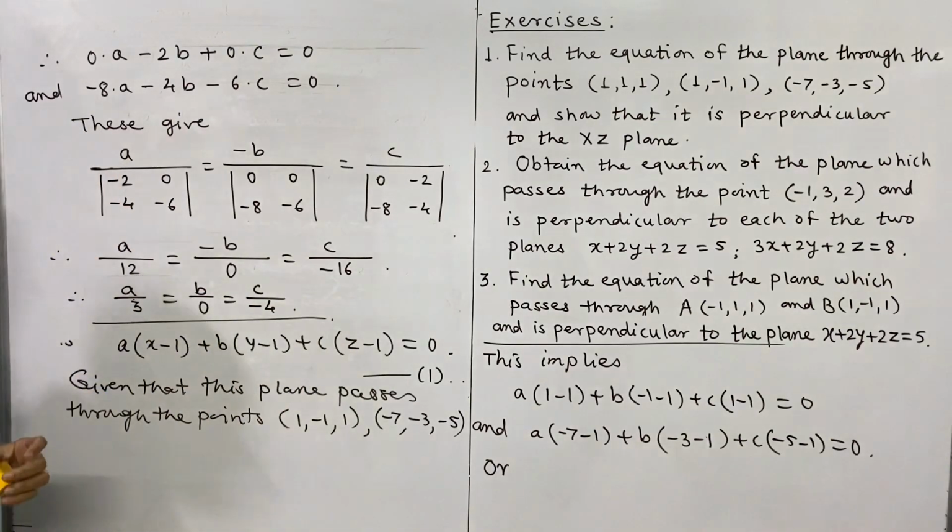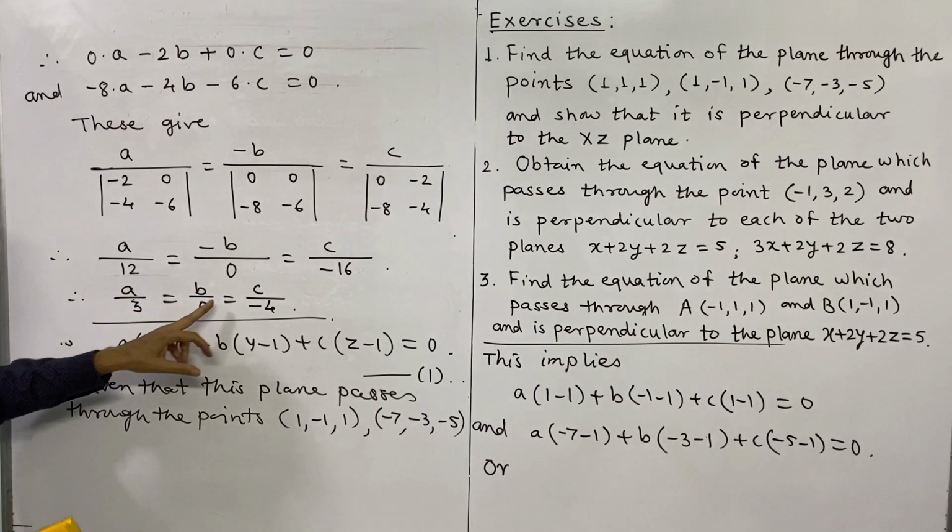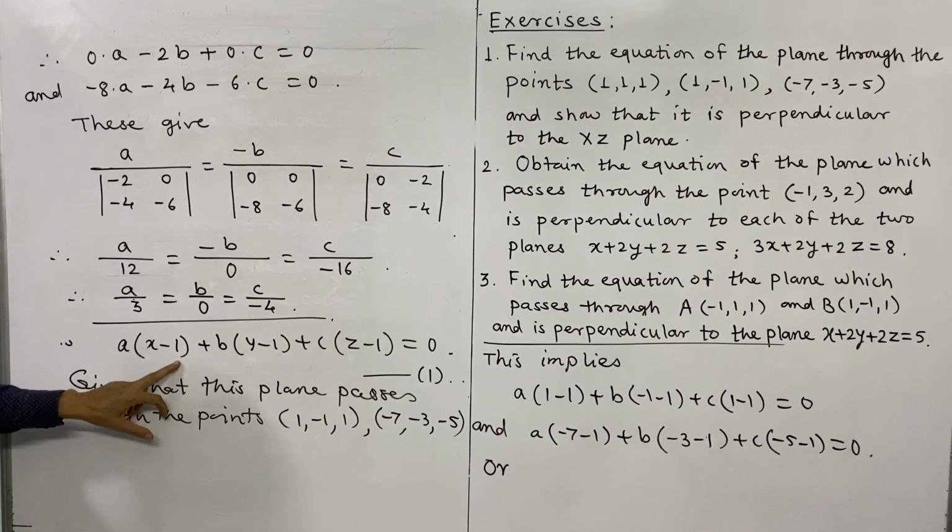So thus we can take the value of a as 3, b as 0 and c as -4 and put this in 1.